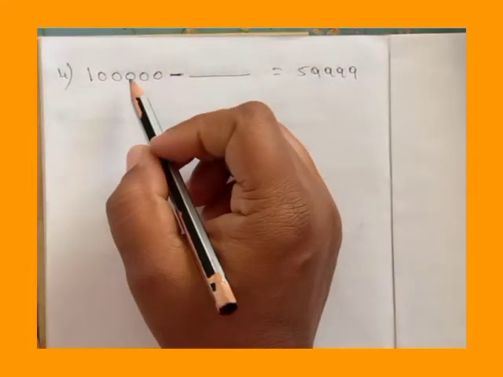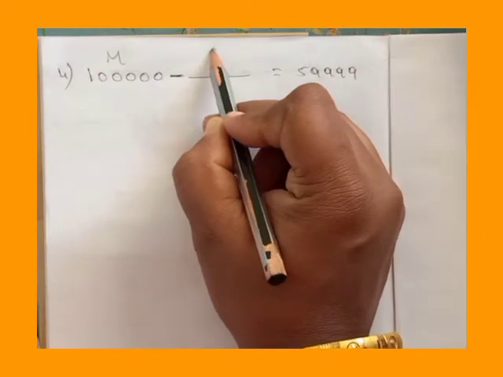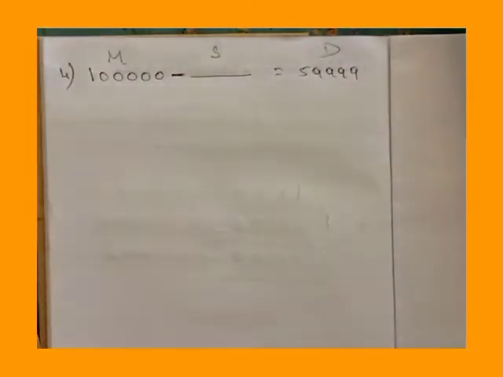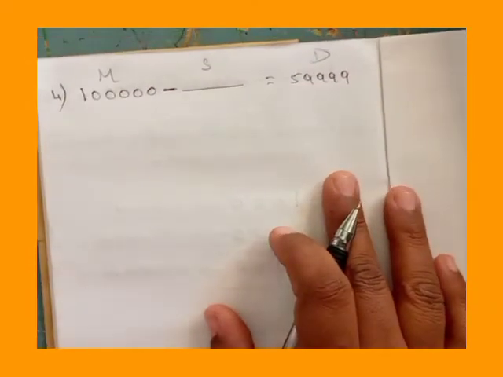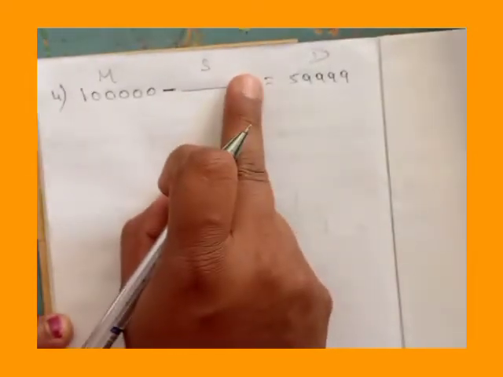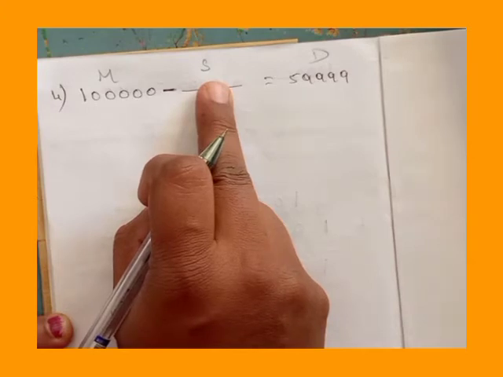See, dear children, now this is a minuend. So we need to find out the subtrahend. Then this will be the difference. So what will be the formula for this, dear children? Do you know? Because we need to find out the subtrahend, we should not add. We should subtract.